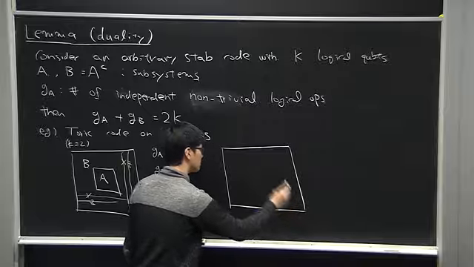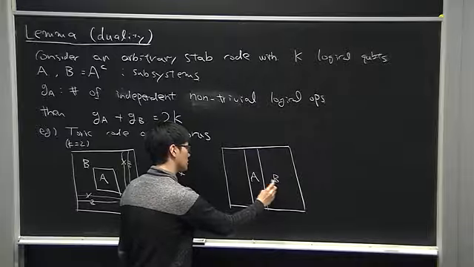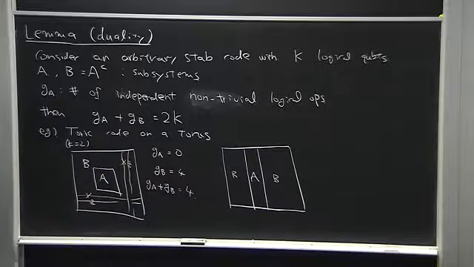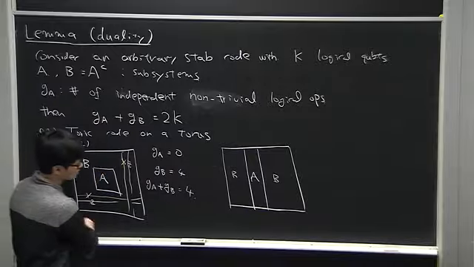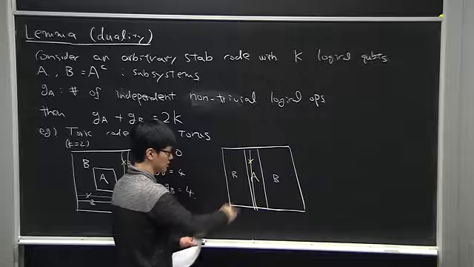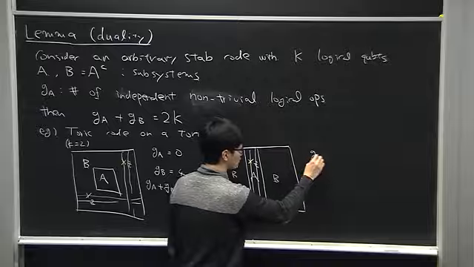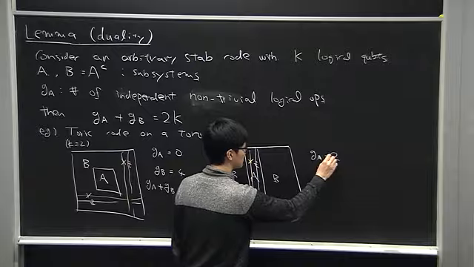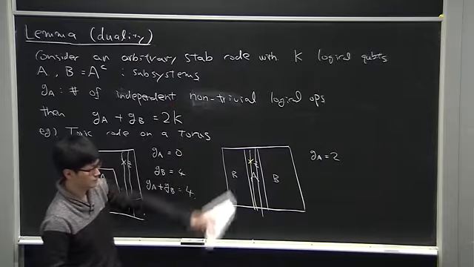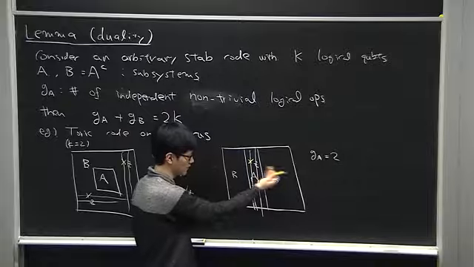So B is this complement. And in this case, you can define a string of X and a string of Z here. So G_A is equal to 2. But B is again another string-like region, a very wide string.